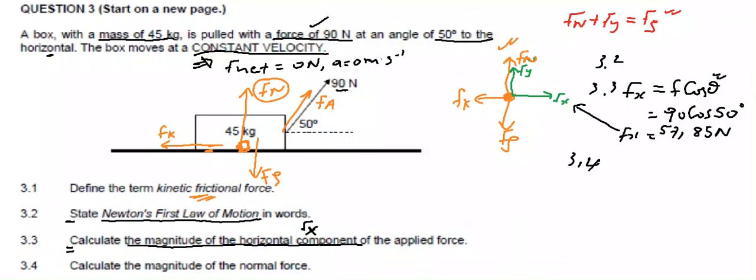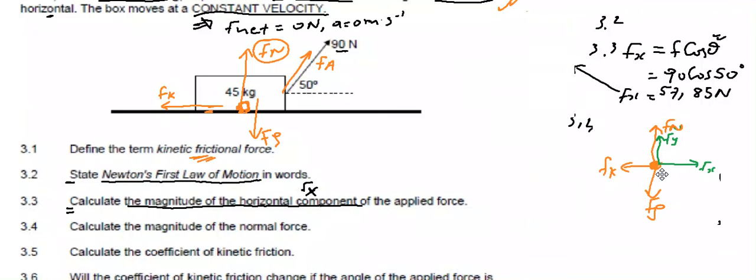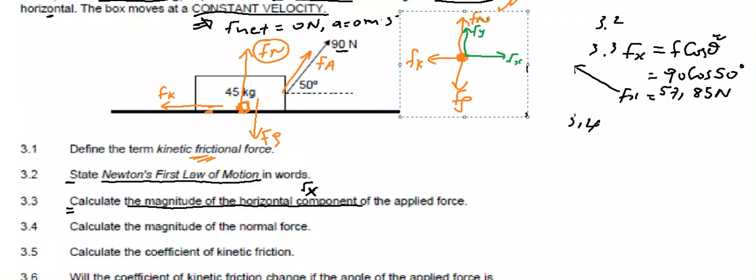3.4 says calculate again, which means even on 3.4 we are going to refer to the free body diagram, because the question says calculate. Okay.